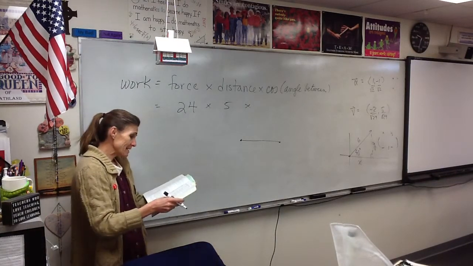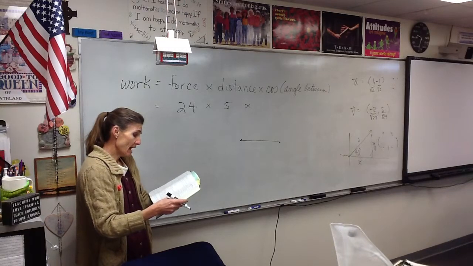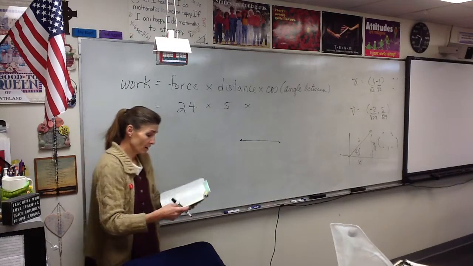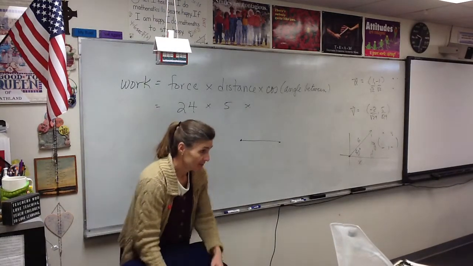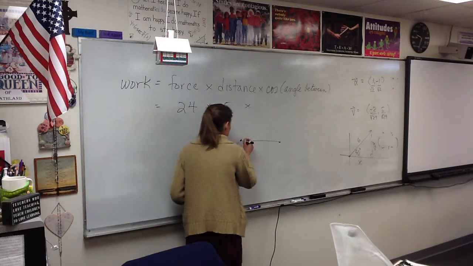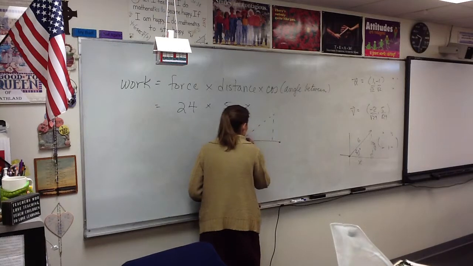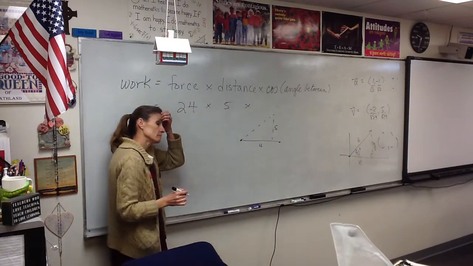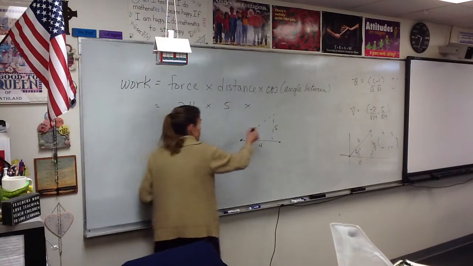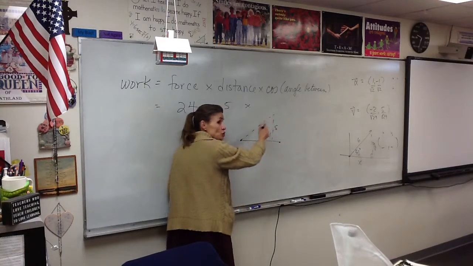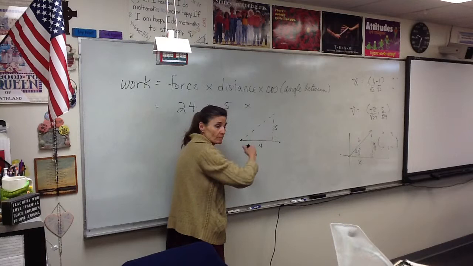Now the force is acting at a direction of 4, 5. So that means the force goes over 4, up 5. This is the direction of the force. It's like the slope of the force.